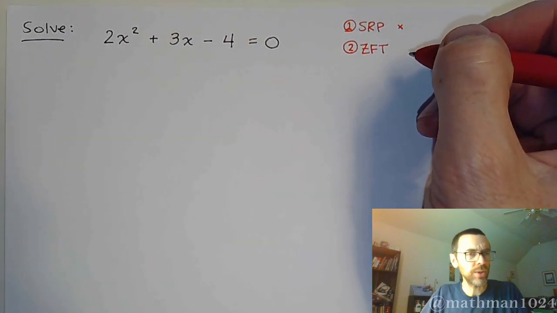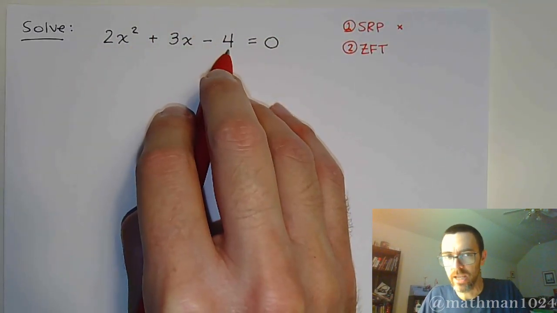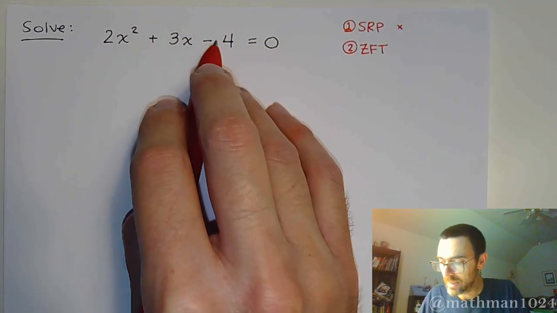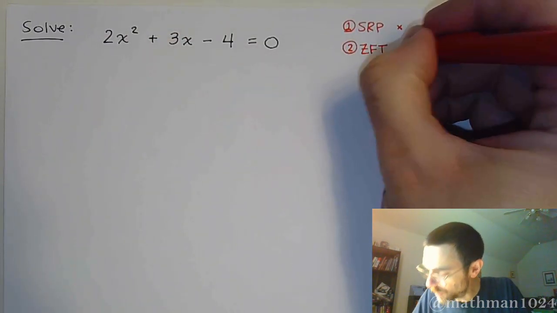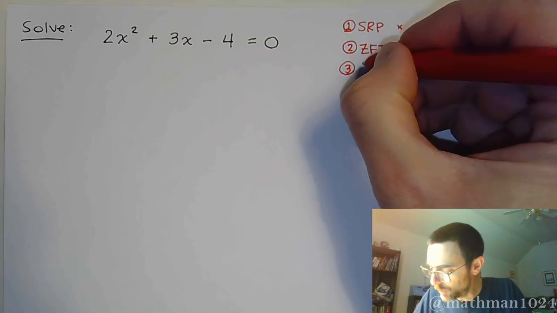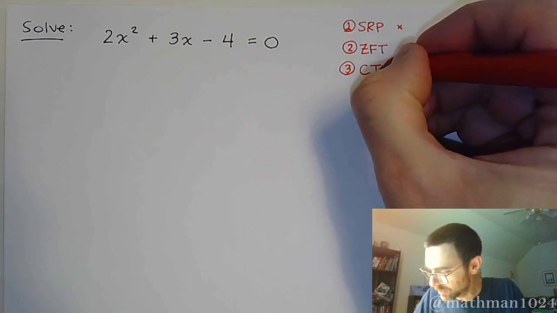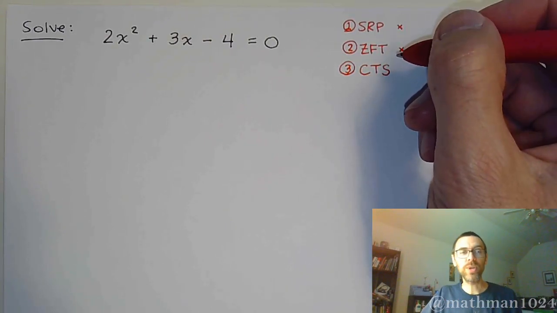Well, we do a quick little AC method check on this. 2 times 3 is 8, and then we try to find factors of 8 to subtract to 3. Unfortunately, we get nowhere on that. And all we know right now is completing the square. So let's see what we can do there.